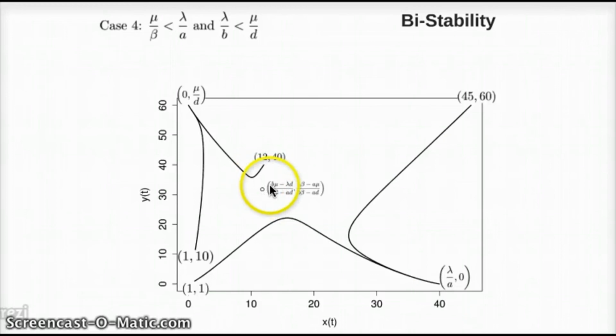So in this case, the interior equilibrium point is repelling, is unstable, and solutions are moving away from this point. They're moving away towards either extinction of species 1 or extinction of species 2. Okay, so this allows for what is called bistability.